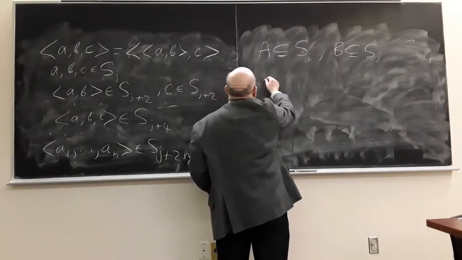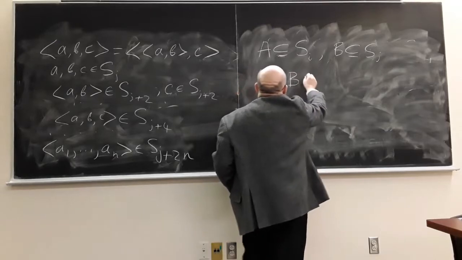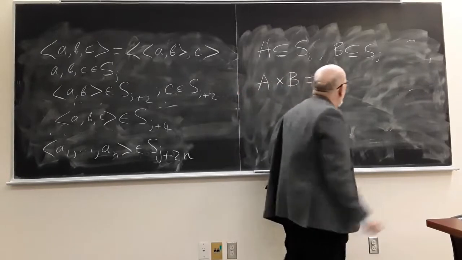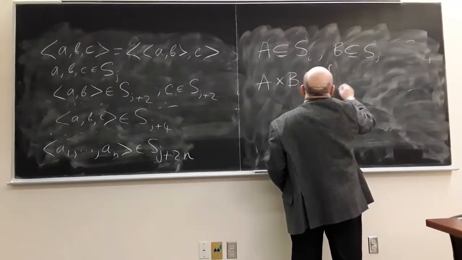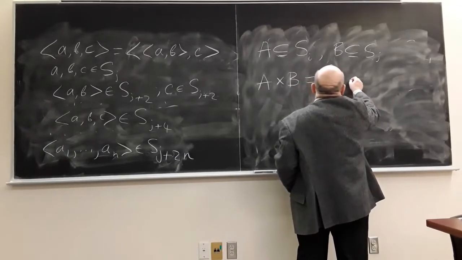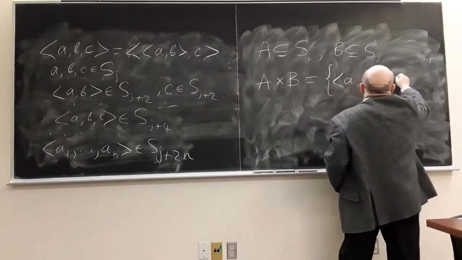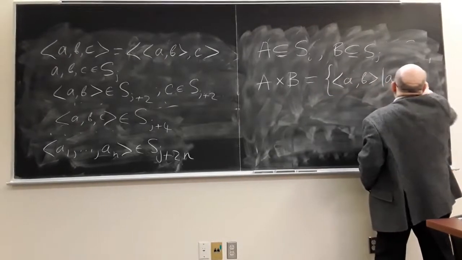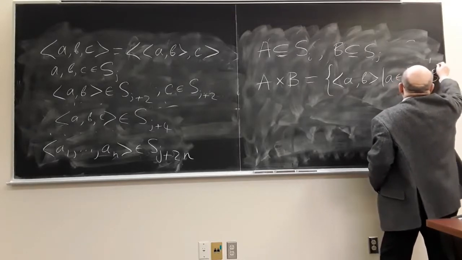It is the Cartesian product of A and B. It is the set of all ordered pairs (a, b) such that a is in the first set and b is in the second set.